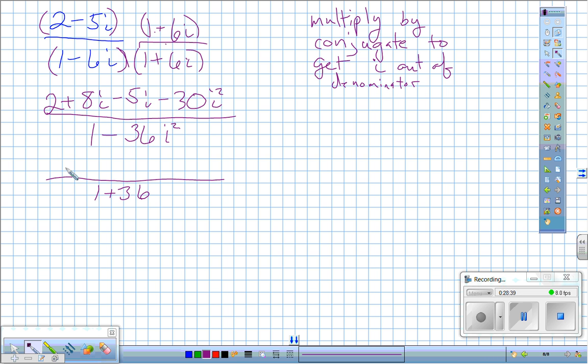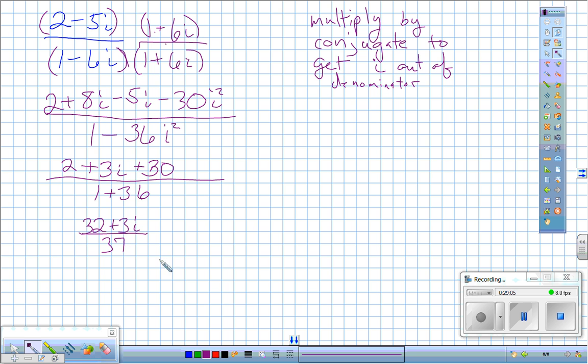On top, I have 2 plus 8i and a negative 5i, and then negative 30i squared will change to a plus 30 because i squared is negative 1. So 2 plus 30 equals 32, plus 3i. And 1 plus 36 is 37.